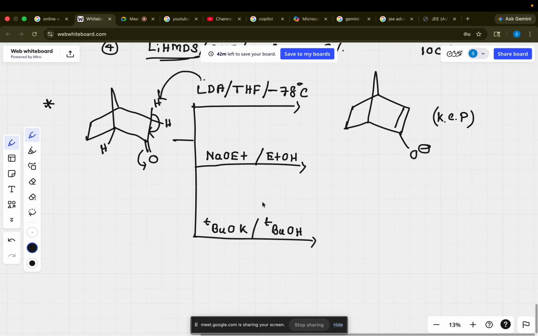Now tell me about these two reagents, NaOEt in ethanol and potassium tertiary butoxide in tertiary butanol. It will be the kinetic enolate only. Hmm. So basically here, if you see, you have an inorganic base.